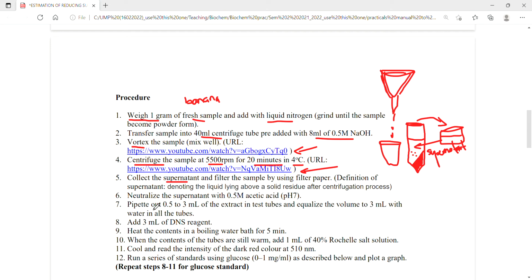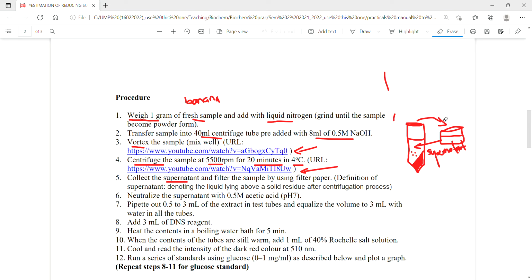And then let me clear all this. It's great to use this drawing tool. Okay, so assuming now you have the supernatant, you are to neutralize the supernatant with acid.